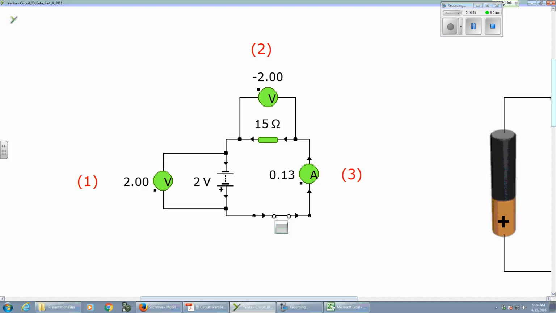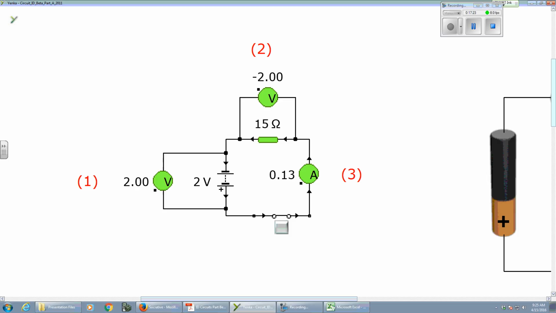So, like in the previous circuit, how could we tell that the light bulbs were using energy? They were producing light. Last week, you did 3 simulations in a little interactive lab. The first one had a battery and a resistor. How could you tell in that simulation that the resistor was using energy? The amount of heat, it got hot.